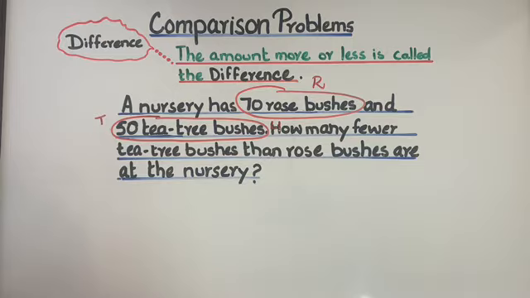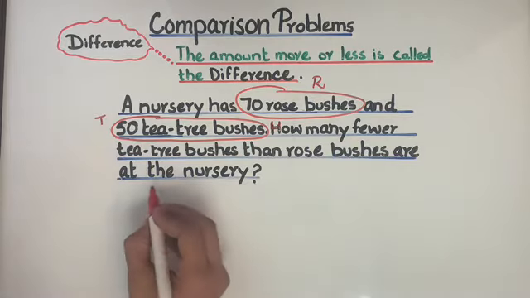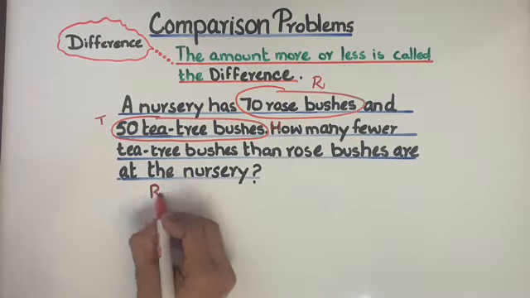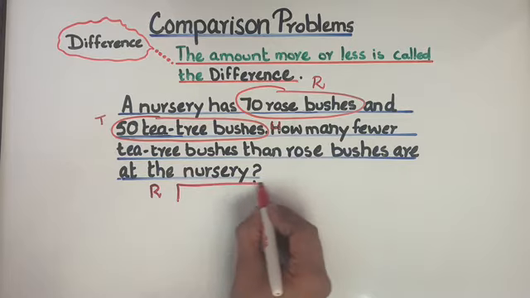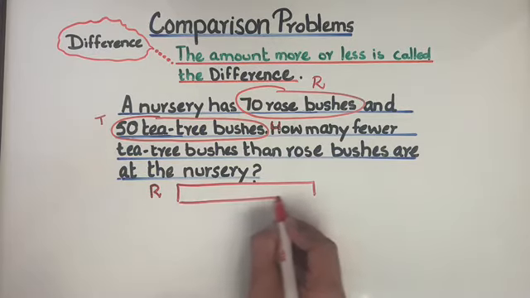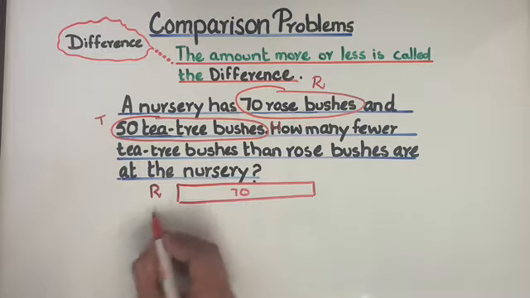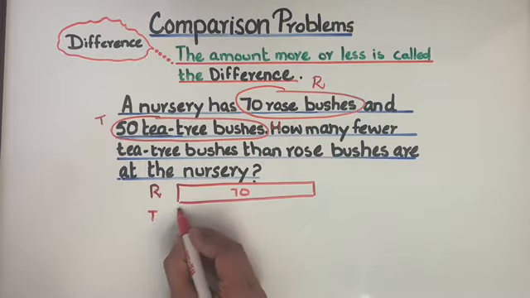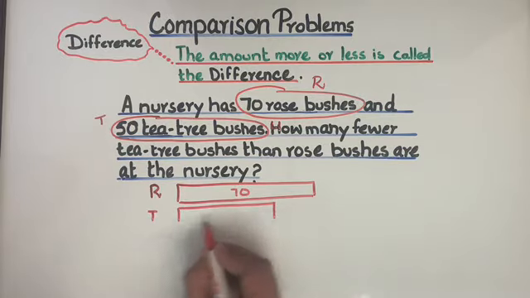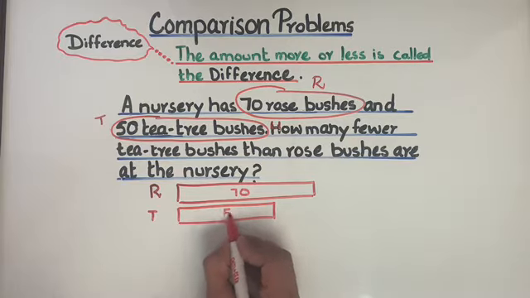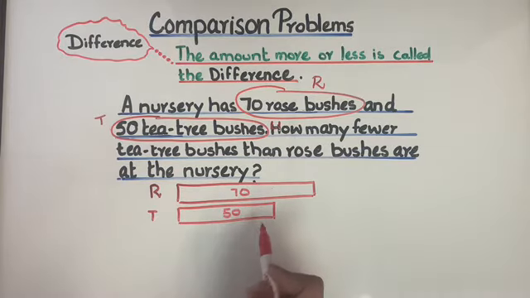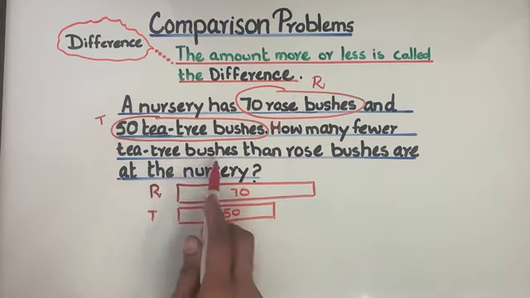I'm going to use comparison bars, one for rose bushes. Rose bushes are 70 and tea tree bushes are 50. Now what we have to find is how many fewer tea tree bushes.